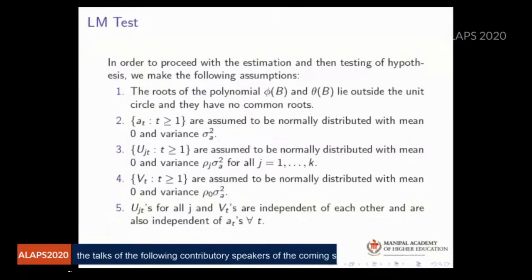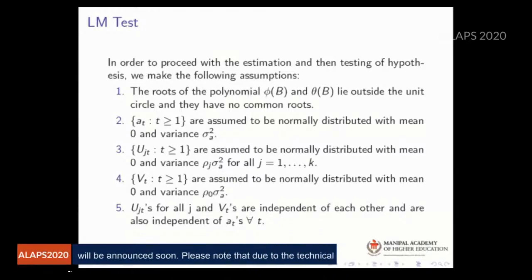So in order to proceed with the estimation and then the testing of hypothesis problem, we make the following assumptions. The first assumption is about the stationarity and invertibility of the ARMA(p,p) process, and the roots of polynomial phi(B) and theta(B) should lie outside the unit circle and they should not have any common roots. The sequence At are assumed to be normally distributed with mean 0 and variance sigma square a.